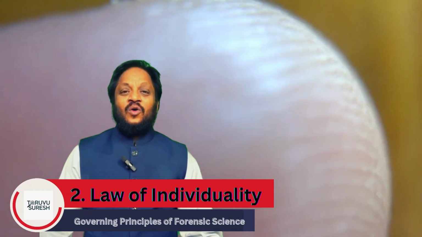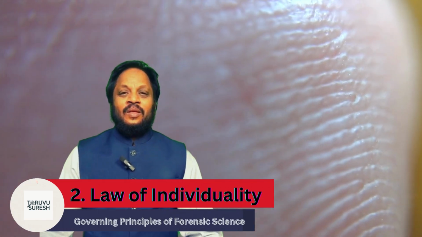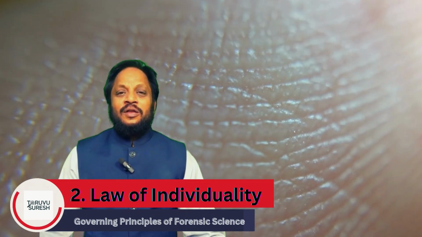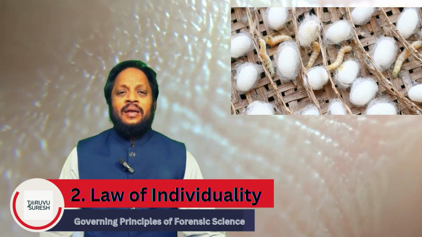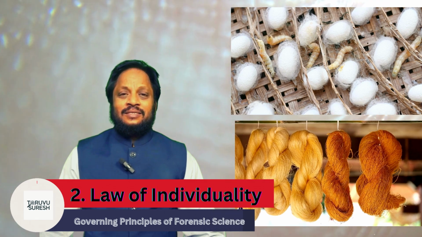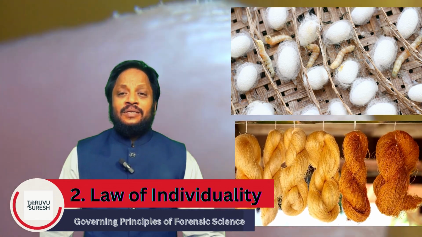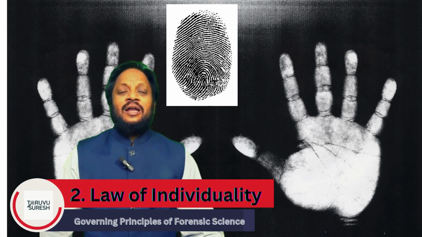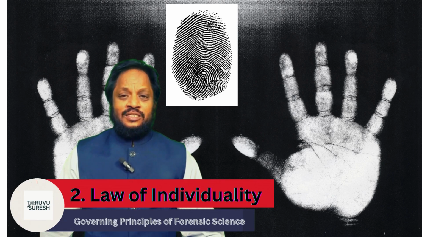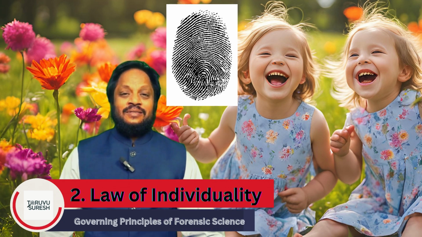Second one, the law of individuality. We have the law of individuality. Every object, whether natural or man-made, has unique characteristics. Think about fingerprints. Each one is unique to the individual, and even identical twins have different fingerprints.